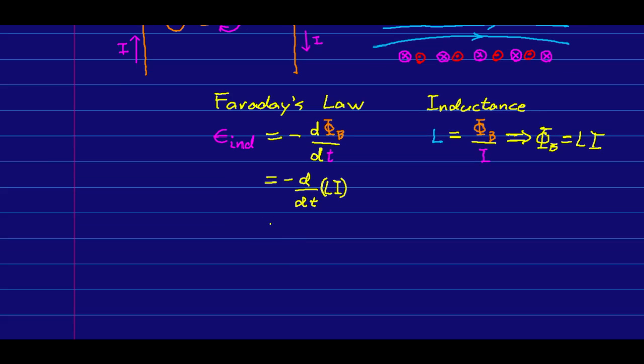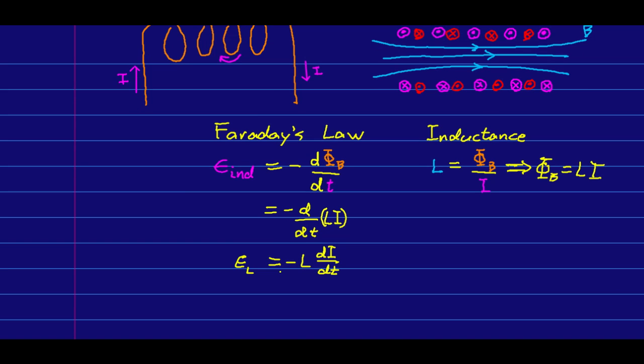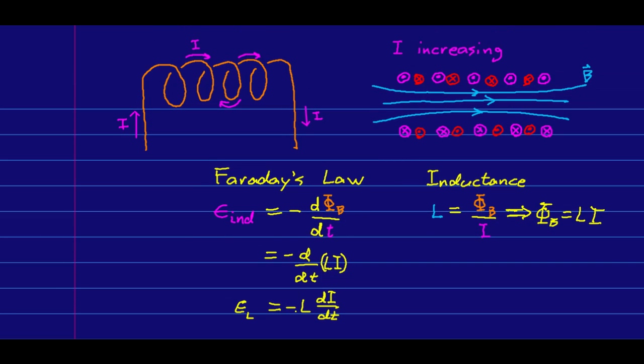It's a property of the inductor and doesn't change, so that can just come out in front of the derivative. And this is the relation for the EMF of an inductor. And note what the negative sign is just saying. It is saying that by Faraday's law, this EMF always tends to oppose changes in current through the inductor.